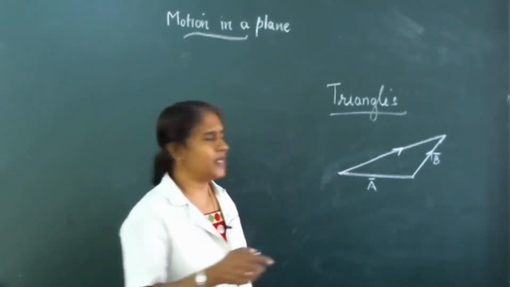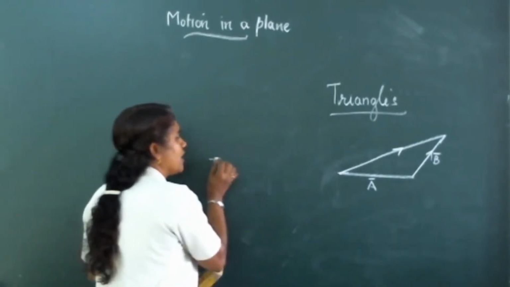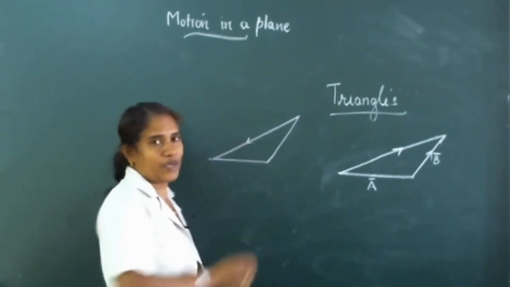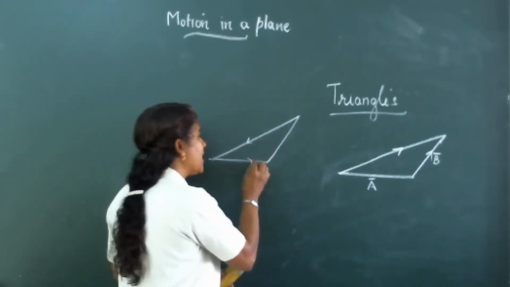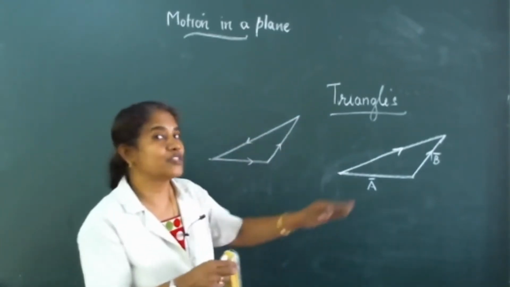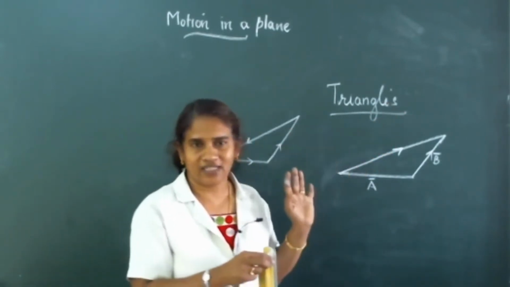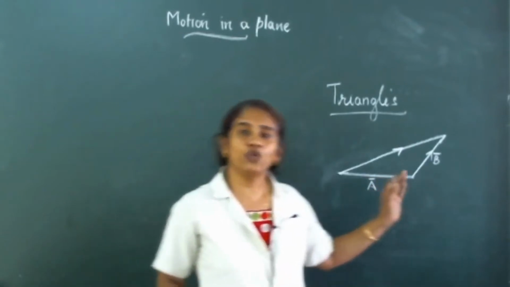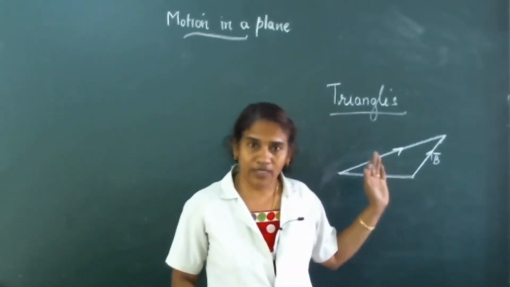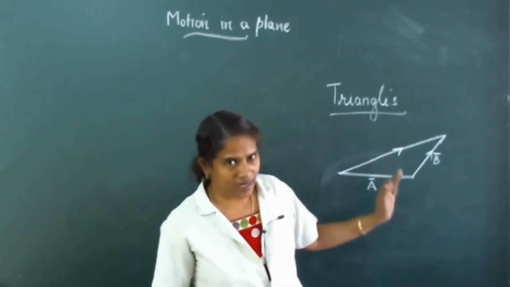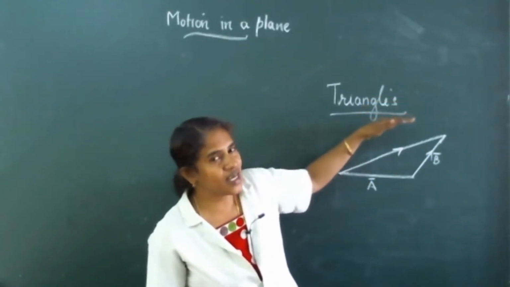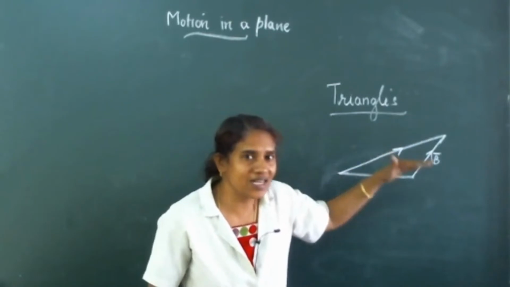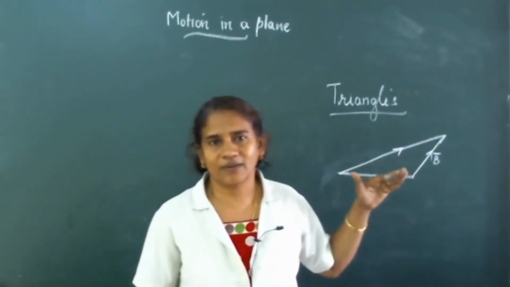But when we are completing the triangle, how do we draw it? Like this, going upward, coming back, then it will be completed. Its original direction is downward, but our vector should be taken in the opposite direction. So we can state that in the triangle law, if two vectors are taken as two continuous sides of a triangle, then the third side taken in the opposite direction will be the resultant of these two vectors.